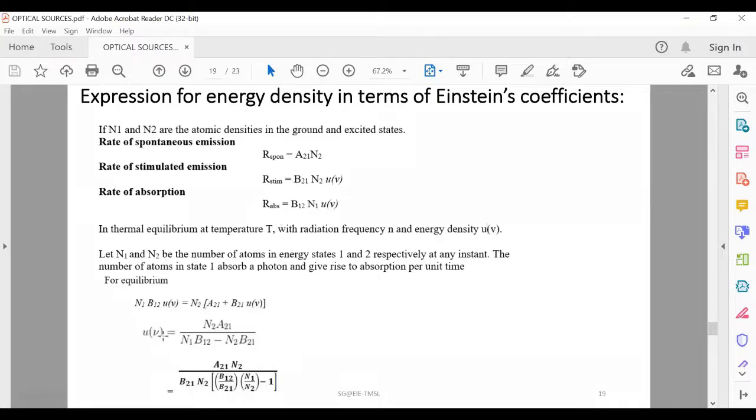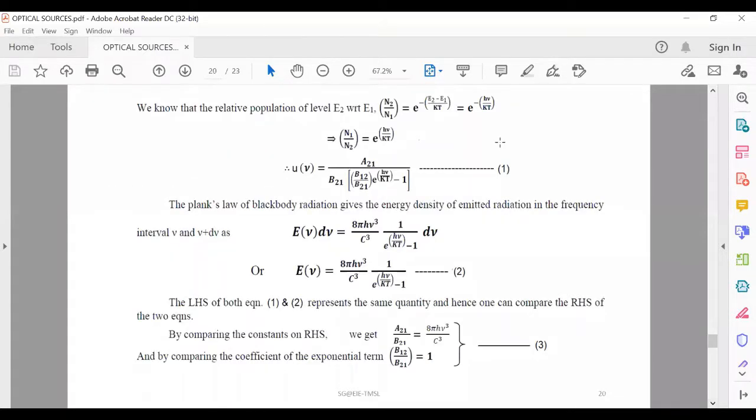And from this equation we have to calculate the energy density U nu using this one. And from now we know that the relative population of level E2 with respect to E1 can be written as N2 by N1 equals e to the power minus (E2 minus E1) by KT.